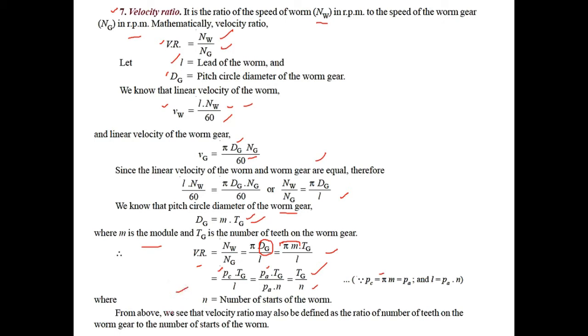From above, we see that the velocity ratio may be defined as the ratio of the number of teeth on the worm gear to the number of starts on the worm.